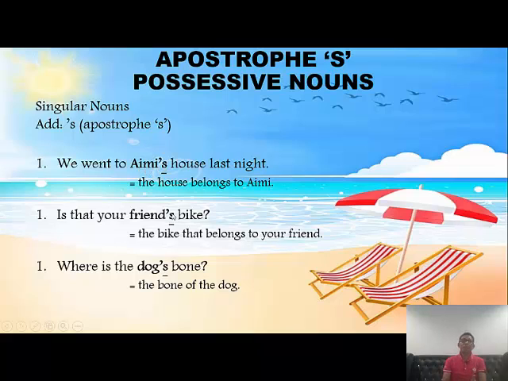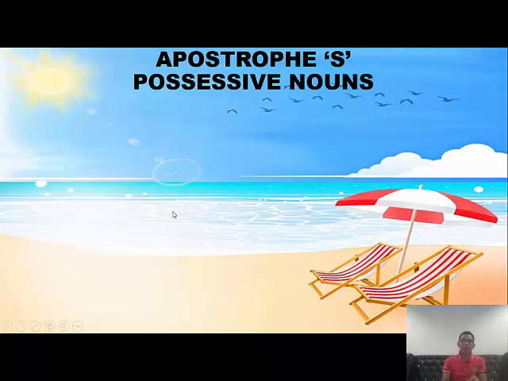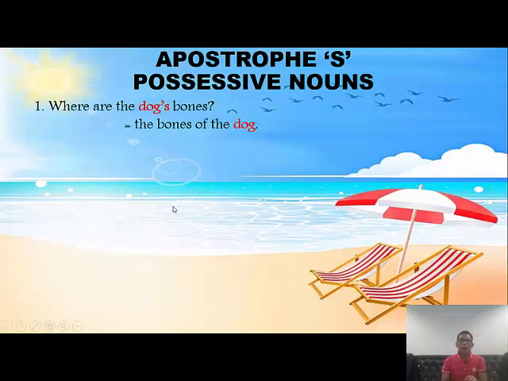All right? Okay. Now, let's take a look at the next slide. So, number one, where are the dog's bones? Okay, so this is a special case, which is very simple. You just add the apostrophe s to the end of the word.